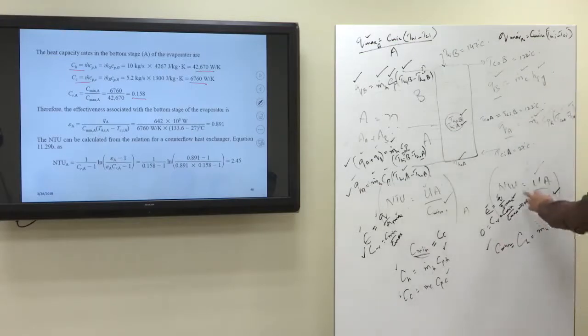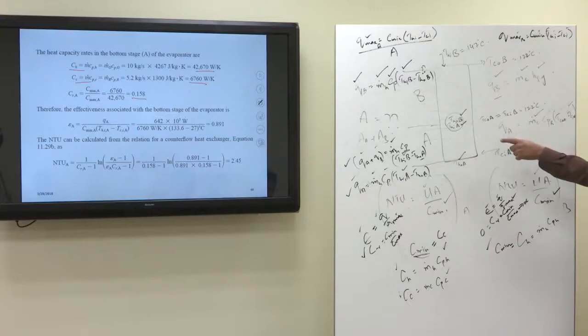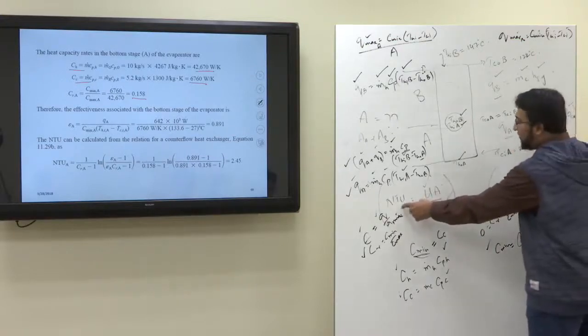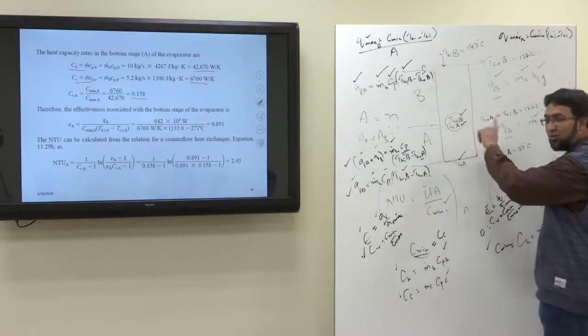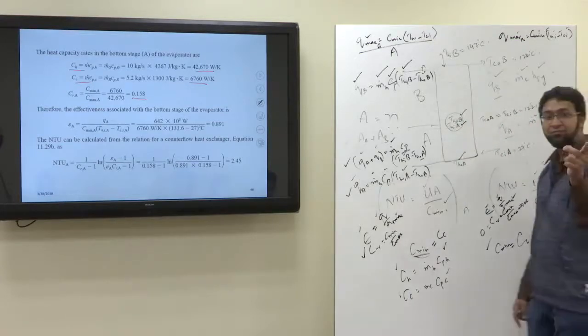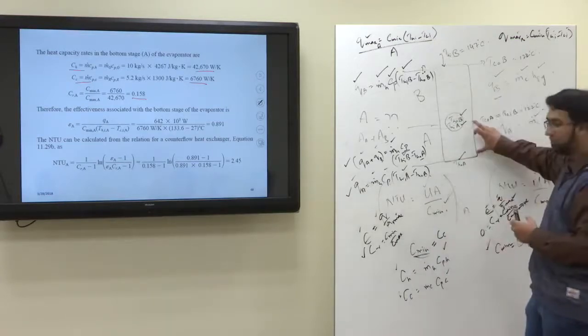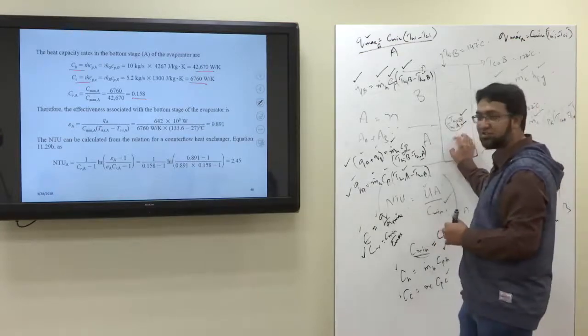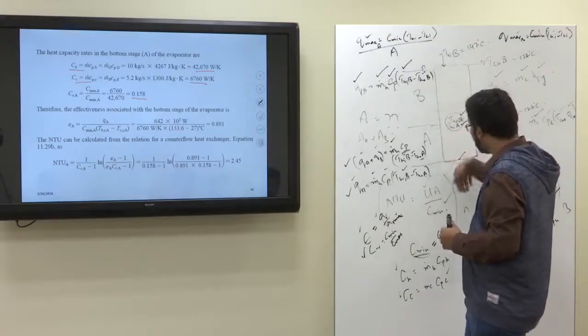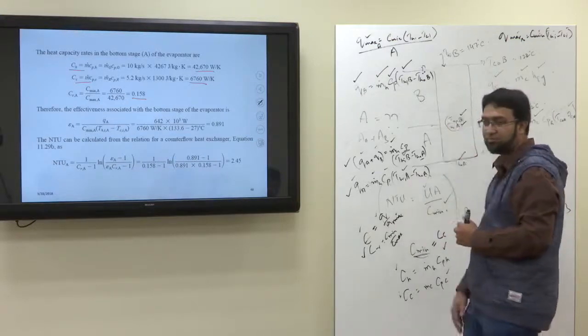For this case, NTU is simple, by the equation which we saw before as well. In this case, what kind of flow is it? It's a counterflow heat exchanger, because there is no evaporation or condensation. So your hot fluid is moving down and your cold is moving up.